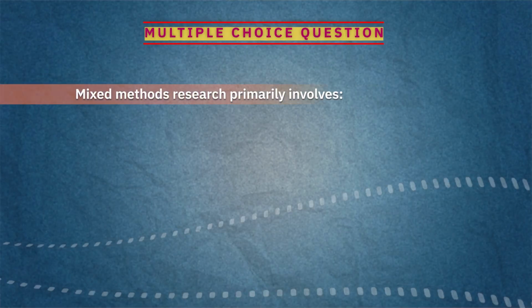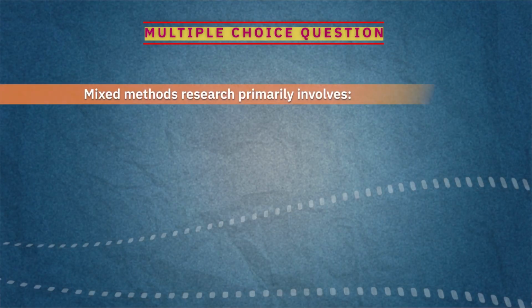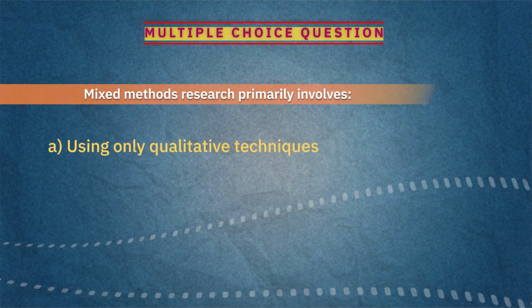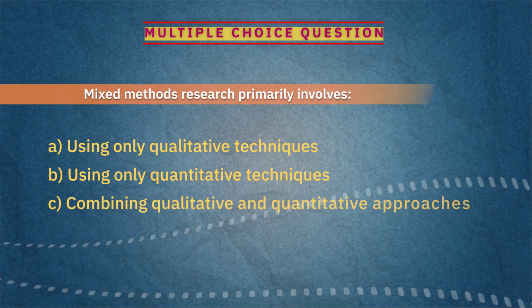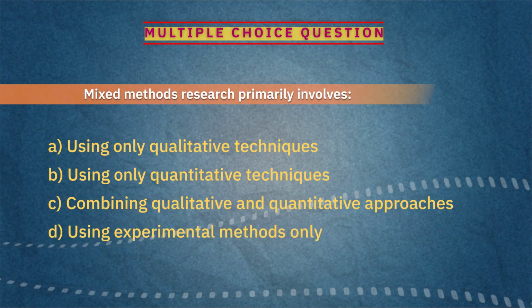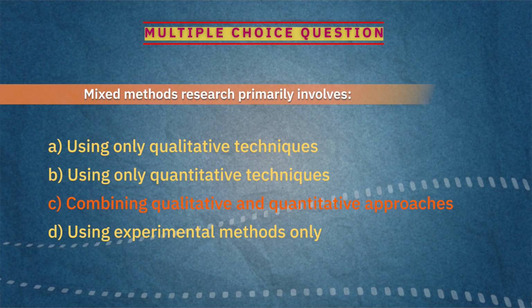Let's say there is a question that says, mixed methods research primarily involves: A, using only qualitative techniques; B, using only quantitative techniques; C, combining qualitative and quantitative approaches; D, using experimental methods only. The answer will be C, combining qualitative and quantitative approaches.